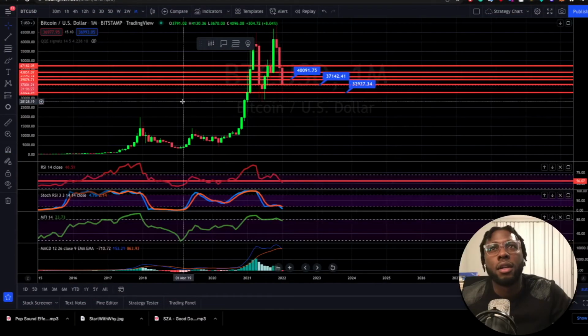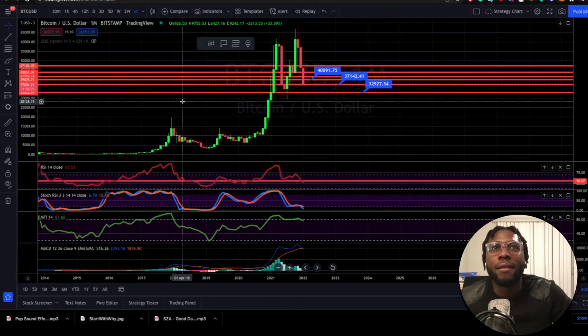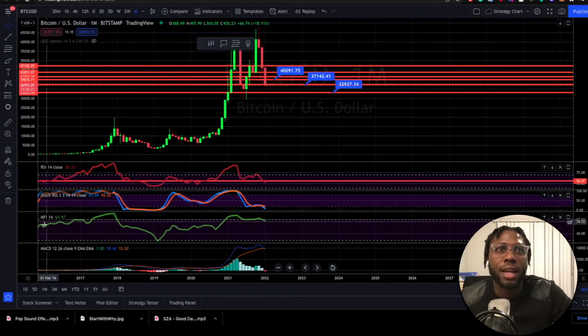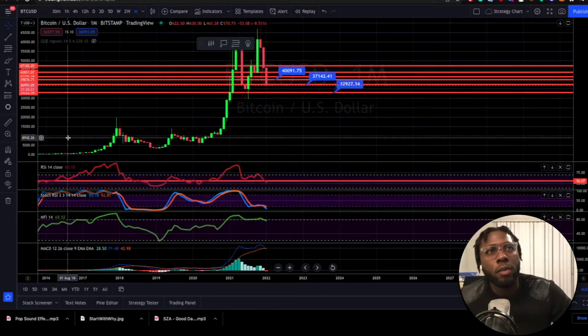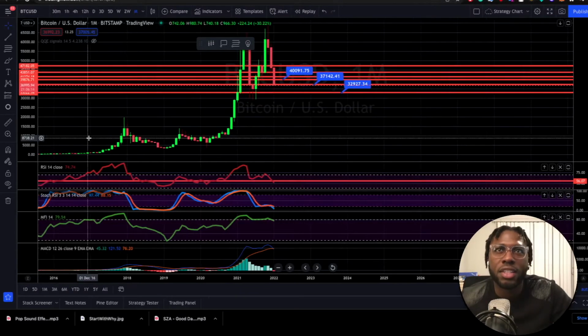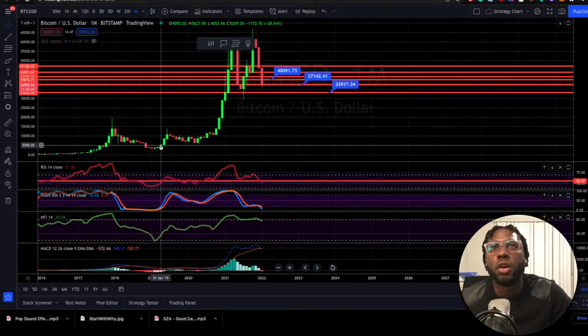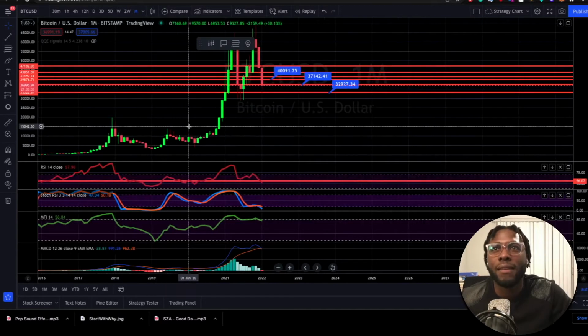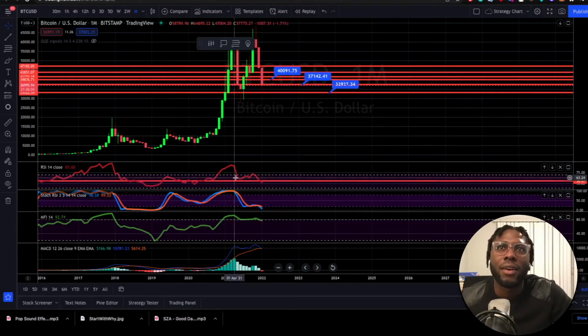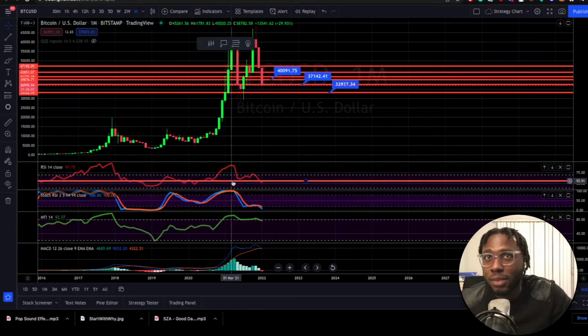From these indicators, I have the RSI, the stochastic RSI, MFI, and the MACD. I'm going to be doing some videos on what they are and why I use them in the future, but I'm going to continue with my technical analysis. Looking at this from the monthly, we can see that the RSI is breaking downward.